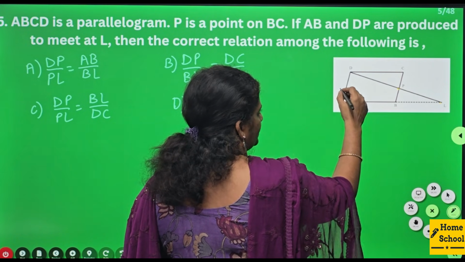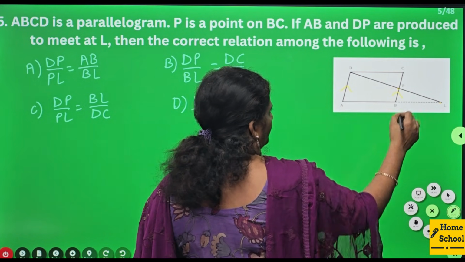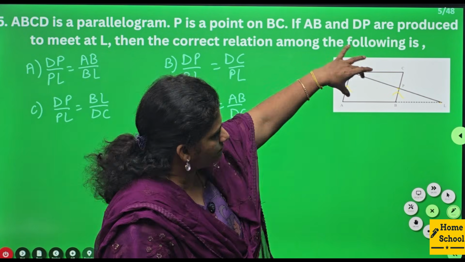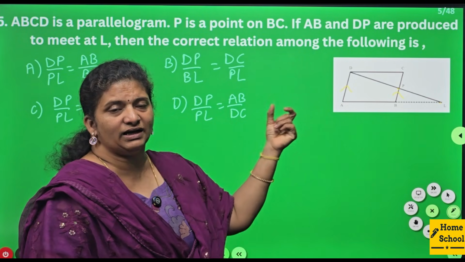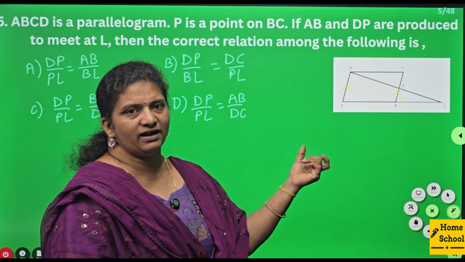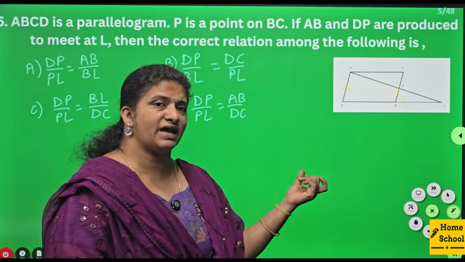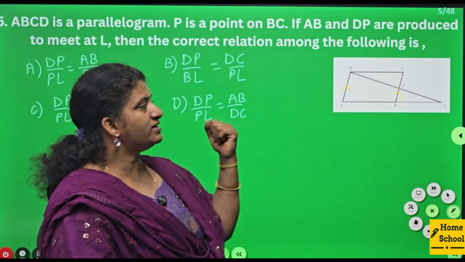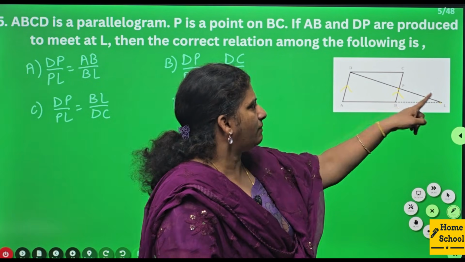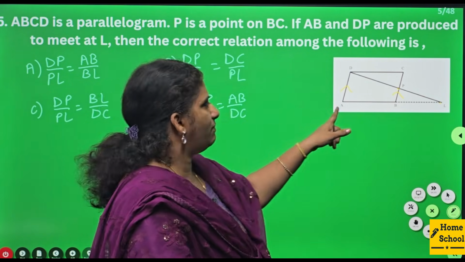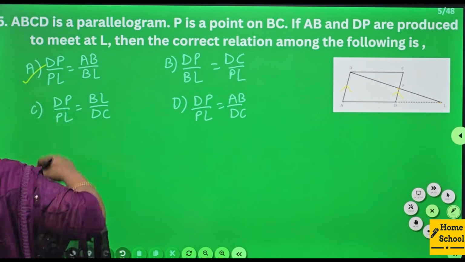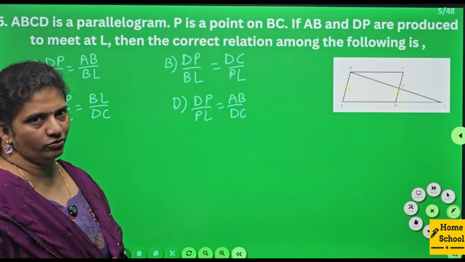If ABCD is a parallelogram, then the opposite sides are parallel. Suppose if you observe this triangle, you can immediately get the basic proportionality theorem. If line is parallel, then the sides are divided in the same ratio. Then what is that relation? Observe here. Option A, DP by PL is equal to AB by BL. Yes, this is your correct answer. So no need of checking other options.